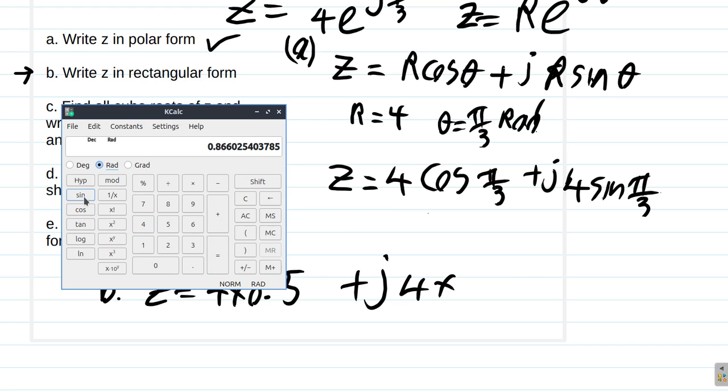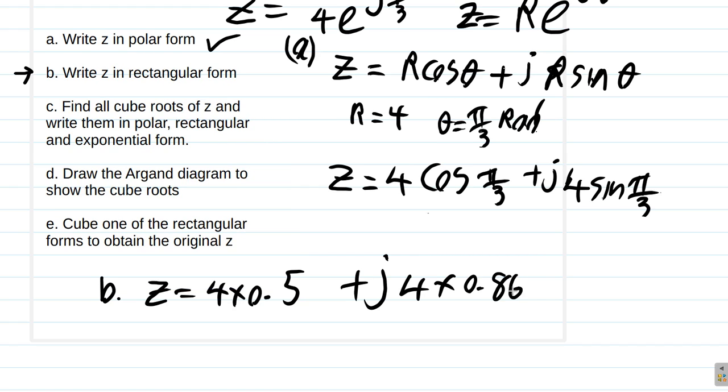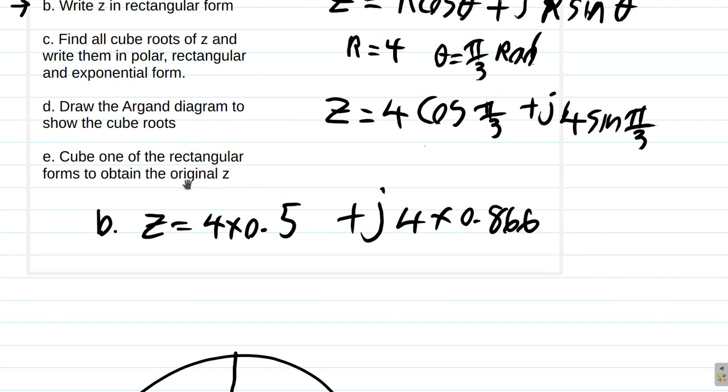Sine is 0.866. So we have 0.866. Now, we finish that off by saying z is equal to 4 by 0.5 is 2 plus j, 4 by 0.866 is what?